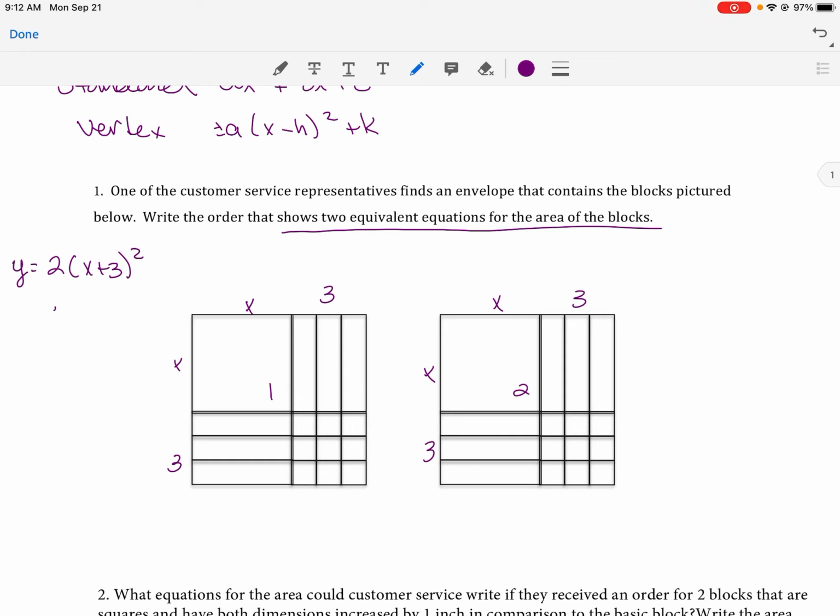That means that a is equal to 2, h is equal to 3, and k is equal to 0. This is slightly different than the vertex form because I am actually adding on, so that's why that comes down as 3, not as negative 3, right?